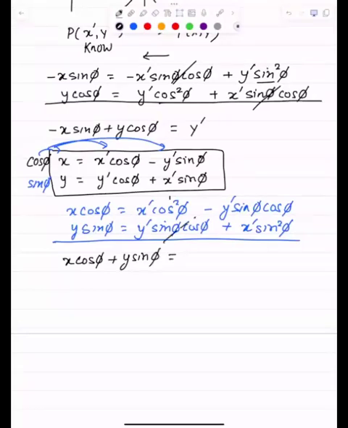now these two cancel out, and we can factor out an x prime. Inside is left cosine squared phi plus sine squared phi, which is 1, so x prime.